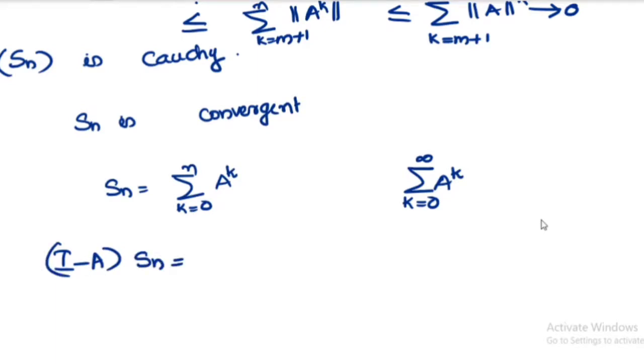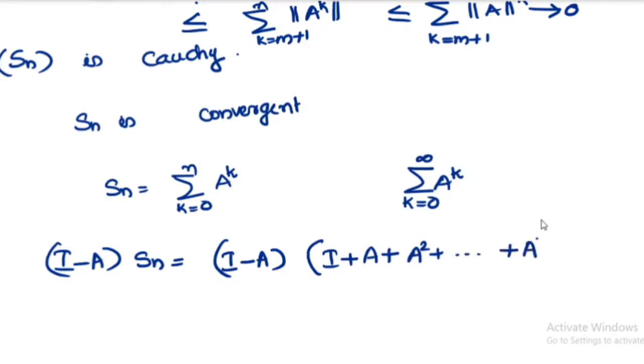This is I minus A into I plus A plus A square plus etc. plus A raised to n.